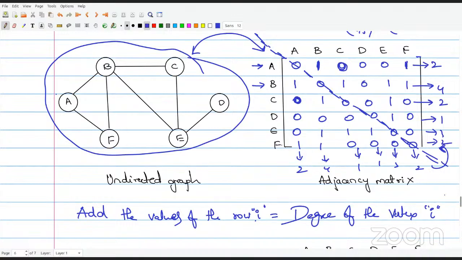Anyhow, just listen to me. Cardinality only refers to sets, not for any other things. Cardinality means the number of elements in a particular set. Now, when I say cardinality of an adjacency matrix, this doesn't make any sense, because an adjacency matrix is not a set.